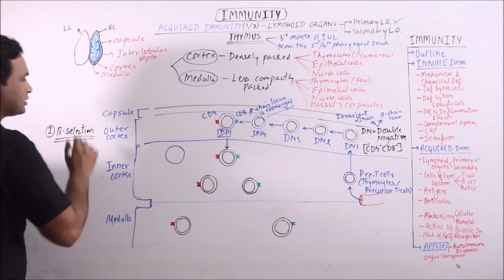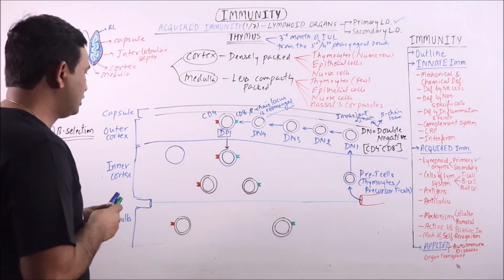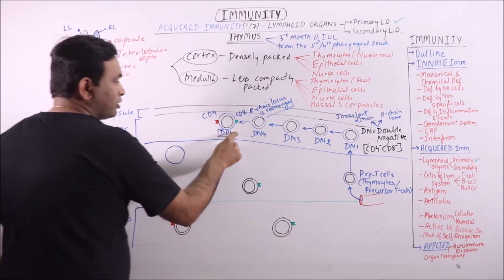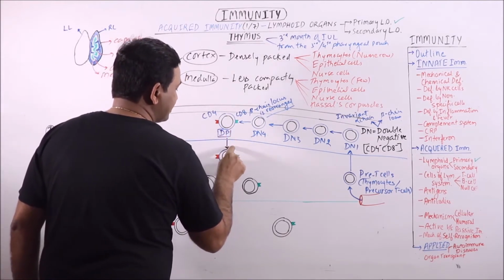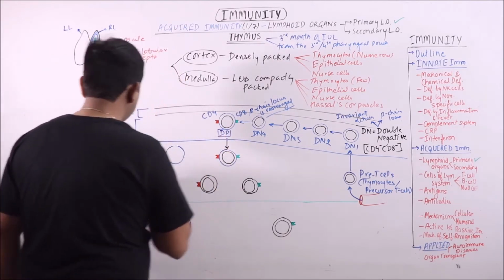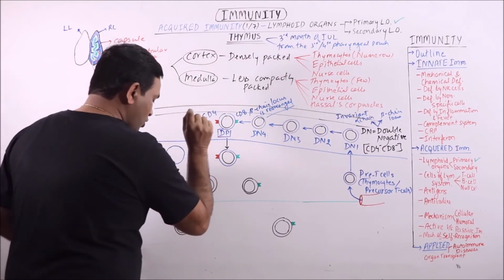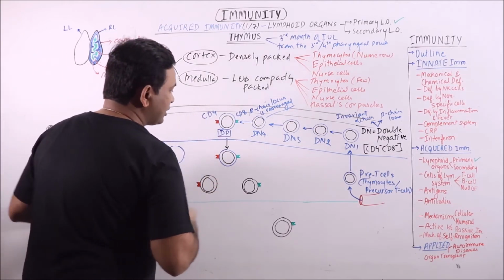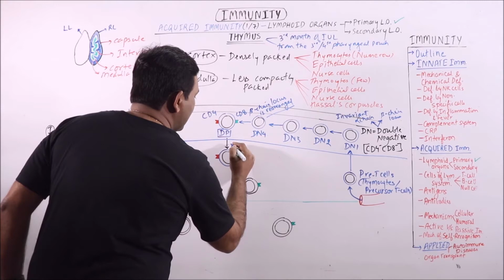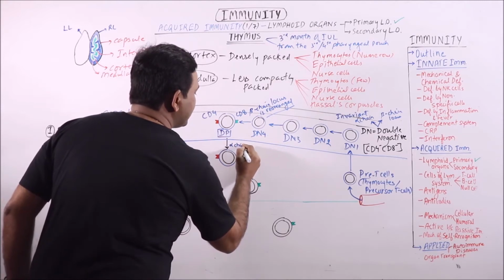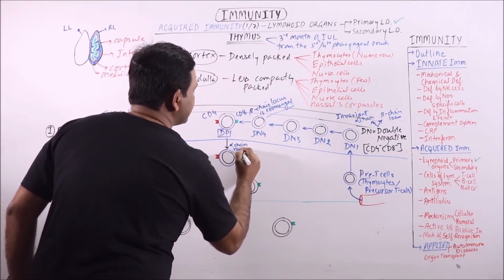This is known as beta selection. Now this double positive stage will enter the deeper parts of the cortex, that is the inner cortex, and one important change will occur, that is the alpha chain is rearranged.